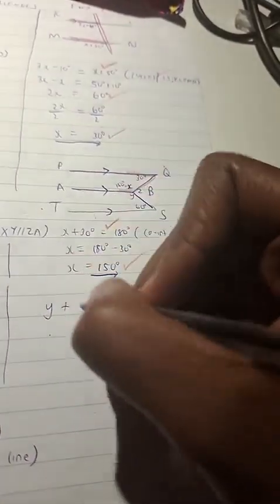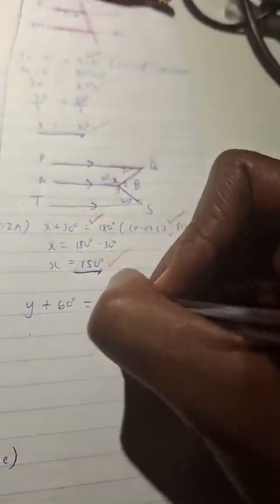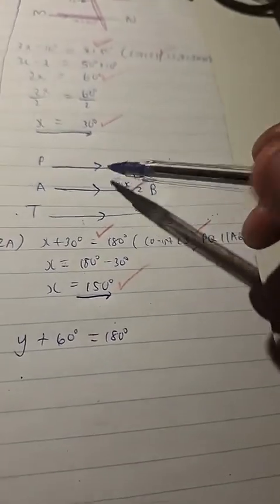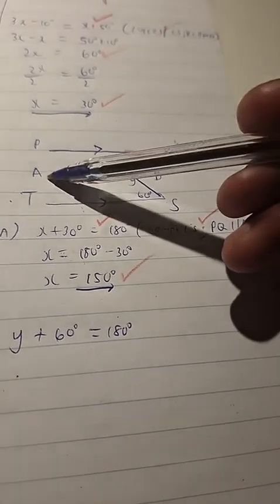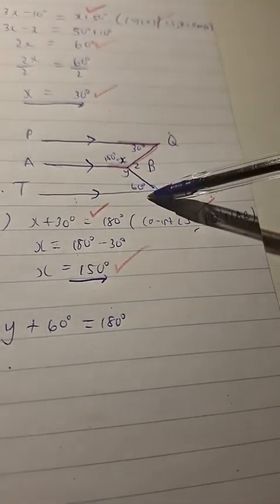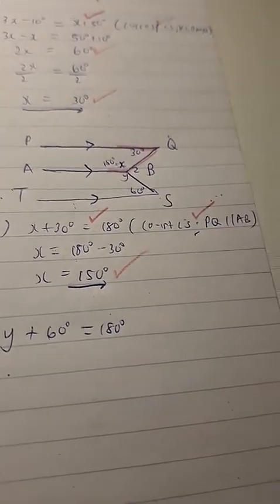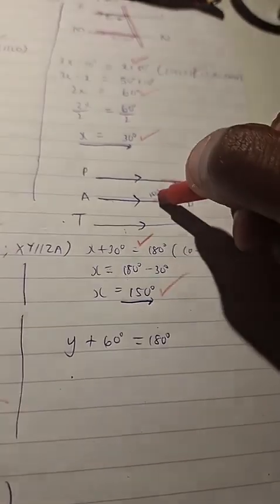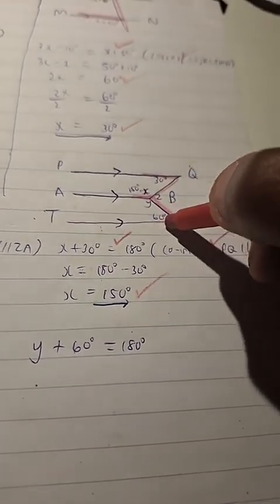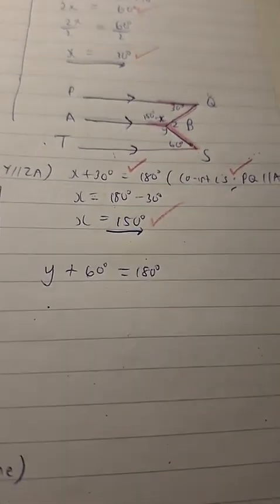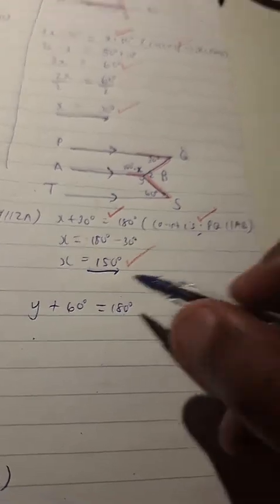Okay, so Y plus 60 degrees is equal to 180 degrees. Where are we looking now? We are looking at the parallel lines AB and TS. So we can see another what? Another U shape. So Y and 60 degrees together add up to 180.